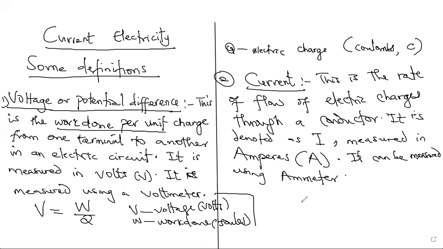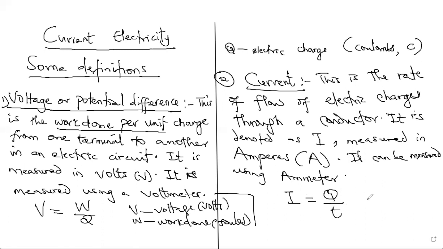By definition, current I is the rate at which electric charges move. Rate means something divided by time, and this time it is charge, Q. Electric charge is denoted as Q. The rate at which the charges move is current.